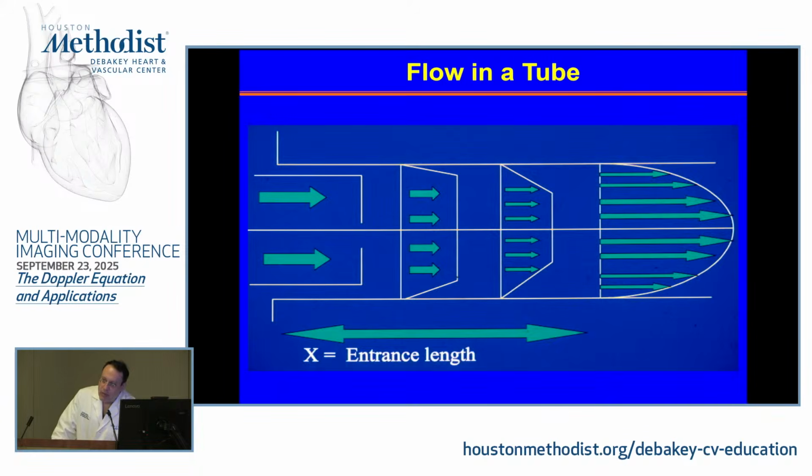Let us talk now about flow in a tube. Why is it important to know flow in a tube? As you will see, there are some principles that apply to flow in blood vessels that are of interest to us.